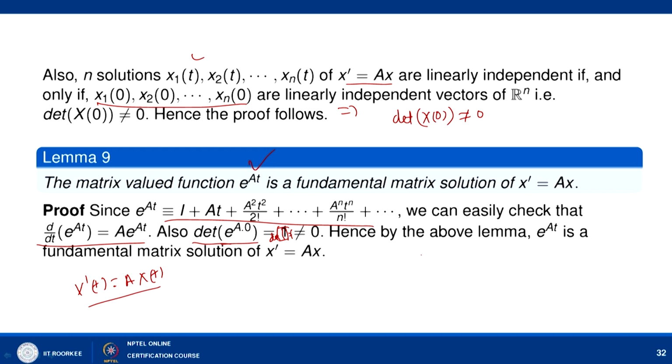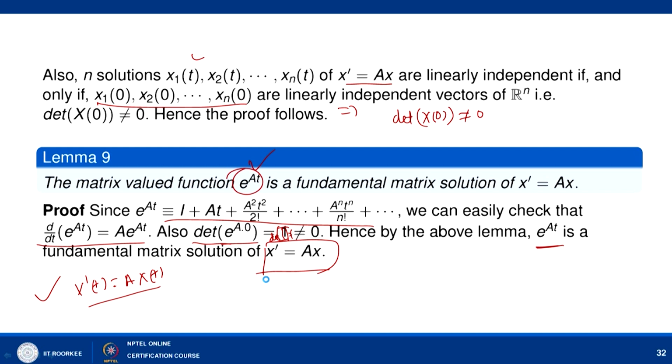So, hence we can show that e^(At) satisfies the conditions given in the previous lemma, that is, e^(At) is a solution of X'(t) = AX(t), and the determinant of e^(At) evaluated at t = 0 is non-zero. So, hence we can say that e^(At) is a fundamental matrix solution of x' = Ax.